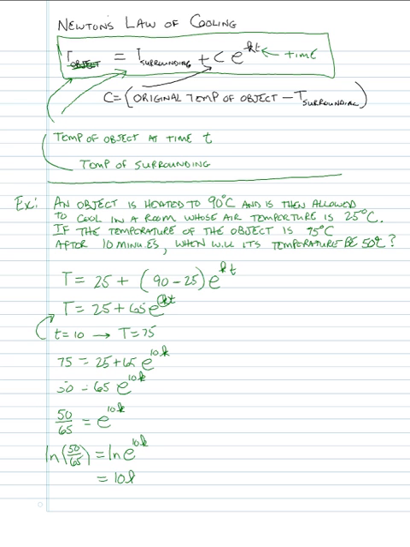And so if I'm solving for the value k, then k will be equal to the natural log of 50 divided by 65, and all that is divided by 10. And that's approximately equal, and I need to get plenty of significant digits here.